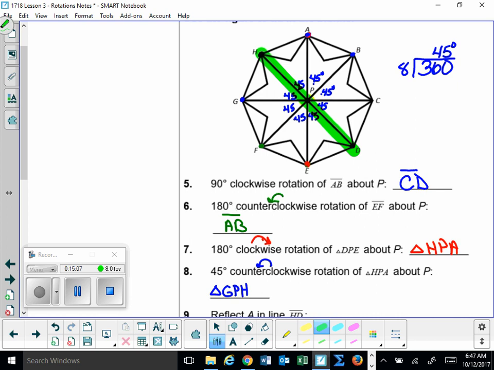Okay, so we have to be perpendicular to that line. All right, we want to reflect A in HD. And if I come perpendicular, ooh, I'm at point G.